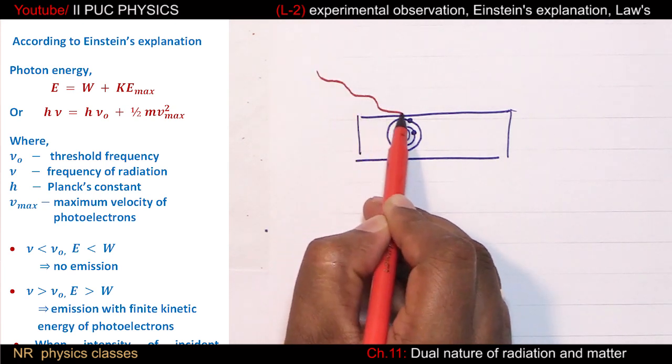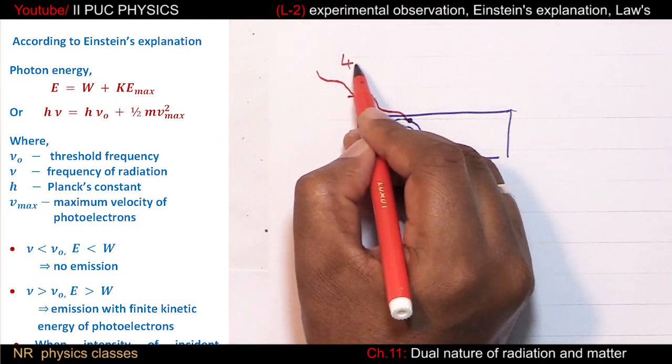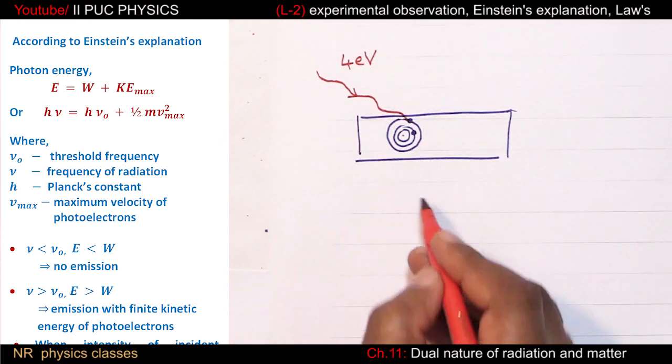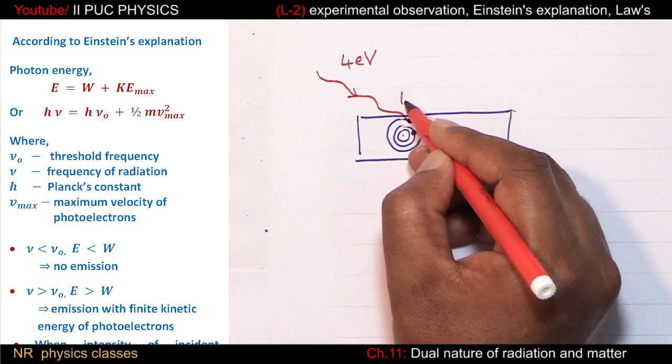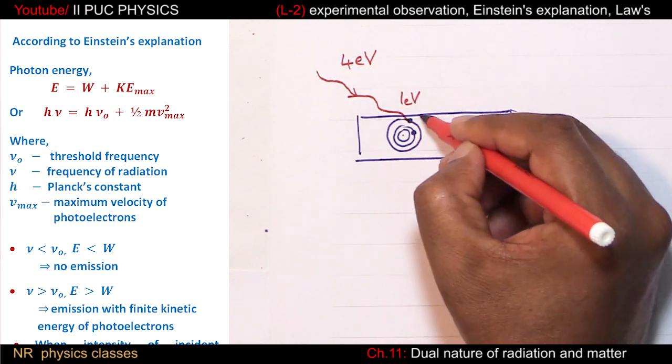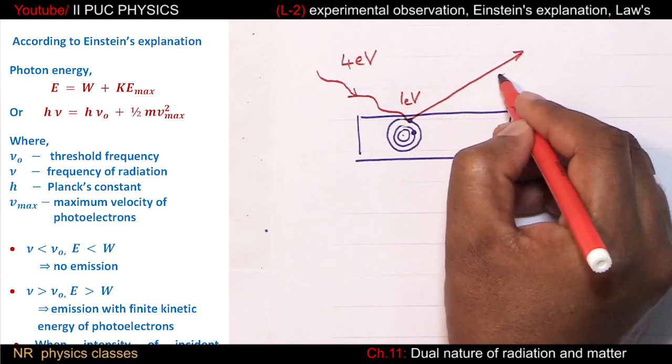If energy of incident radiation is 4 eV and energy required to remove this electron is 1 eV, then kinetic energy of this outermost electron is 3 eV.